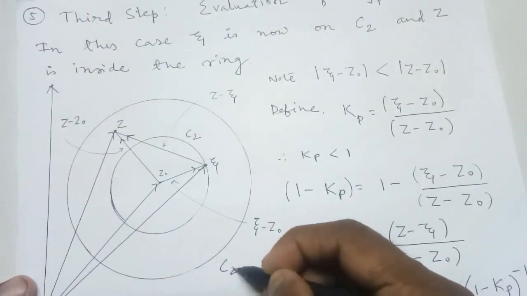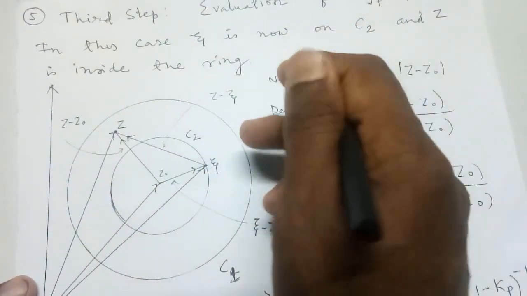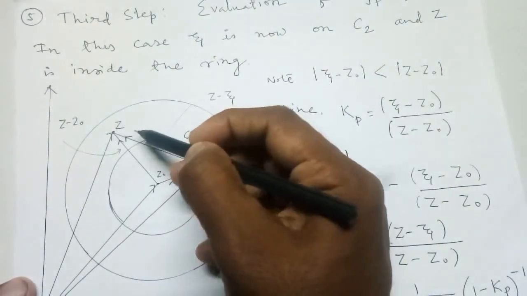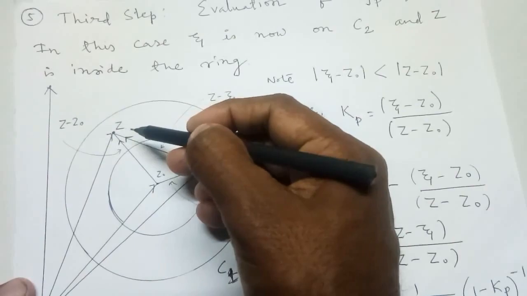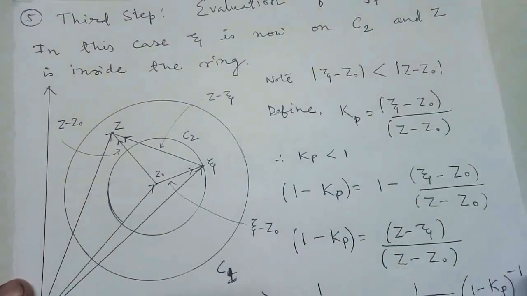This is C1 and C2. Because the function that we have considered here is always analytic between this region, therefore the variable z will always be in this region.